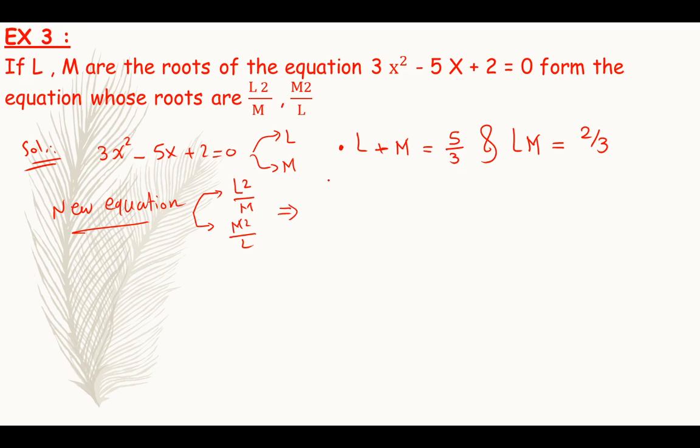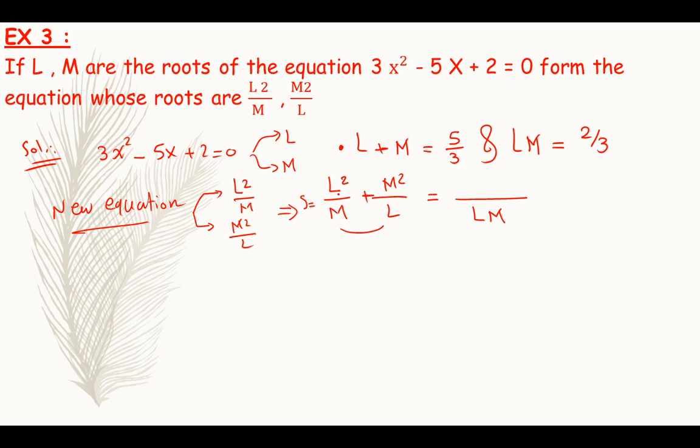The sum of roots will be L power 2 over M plus M power 2 over L. This is the sum of the two roots. So we can write S, the sum, equals L power 2 over M plus M power 2 over L. Here again we are going to multiply L times M, which is equal to LM.